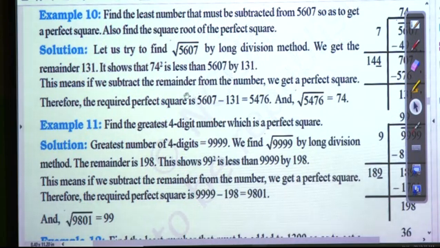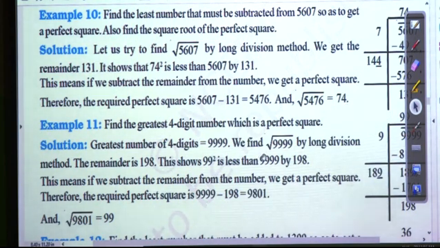So, what to do further? This means if we subtract the remainder from the number, we get a perfect square. Therefore, the required perfect square is 5607 minus 131 equals 5476, and square root of 5476 is 74.